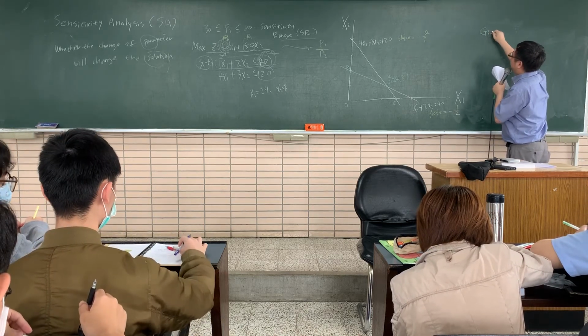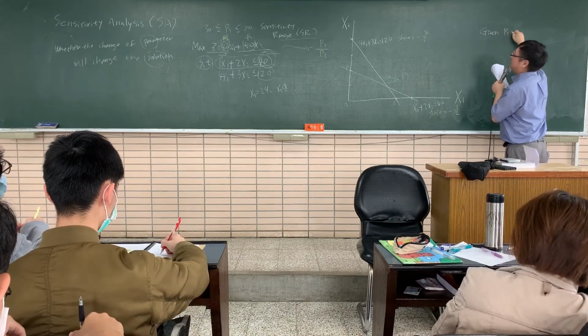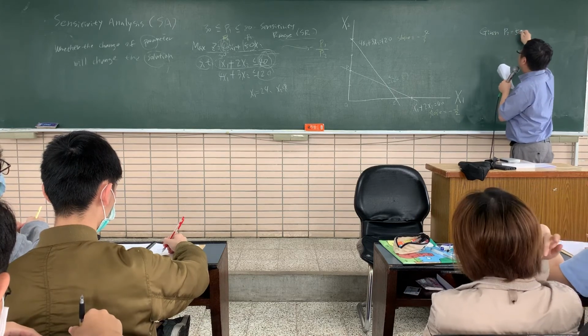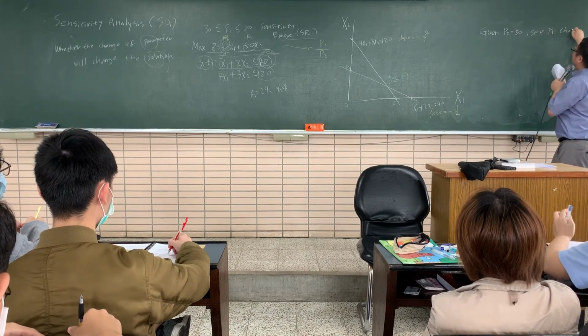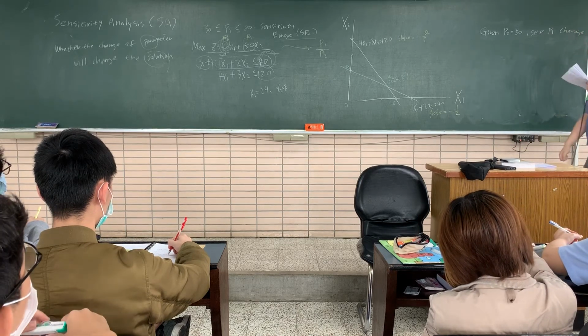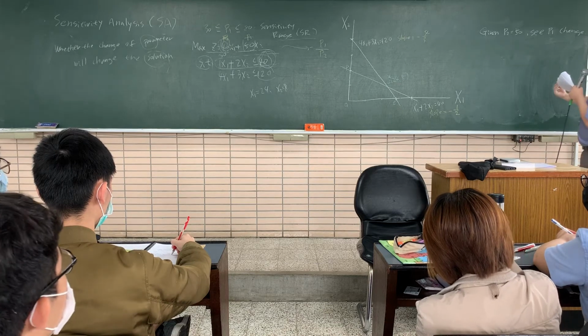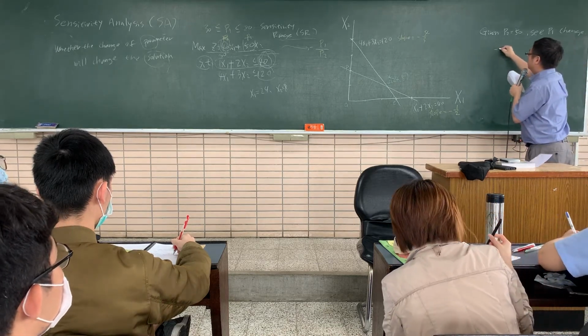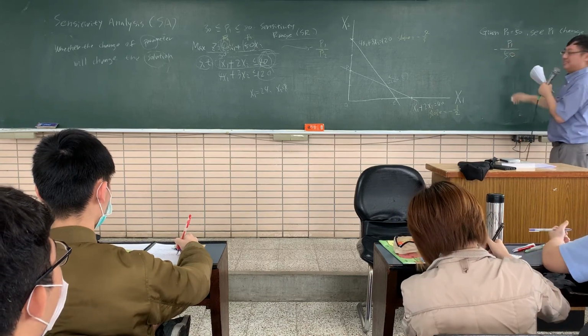Even P2, now the same. See P1 change. So the slope of the objective function is 50 P1.